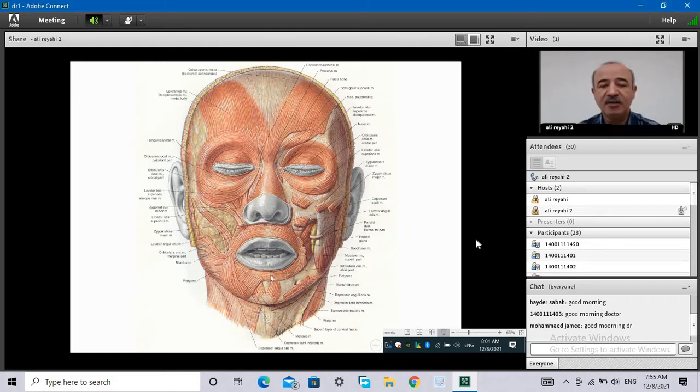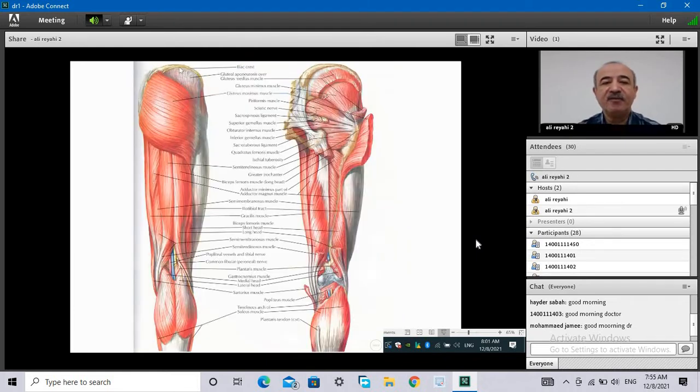Orbicularis oculi, orbicularis oris. Or for example, in the gluteal region, there are three gluteus muscles. Gluteus is according to the location.